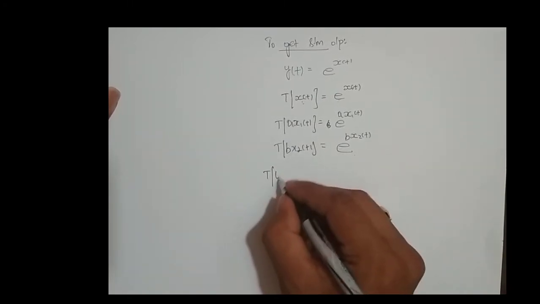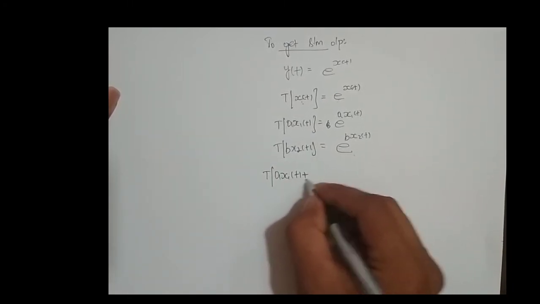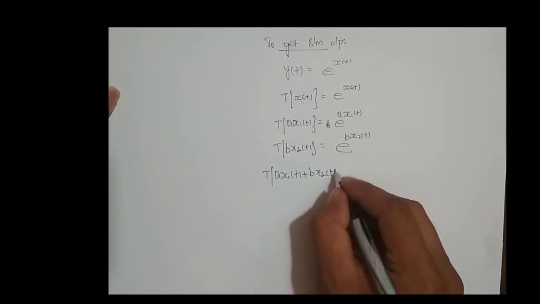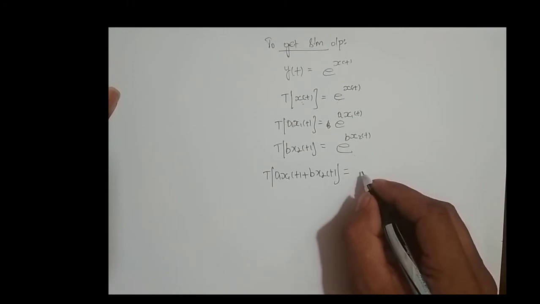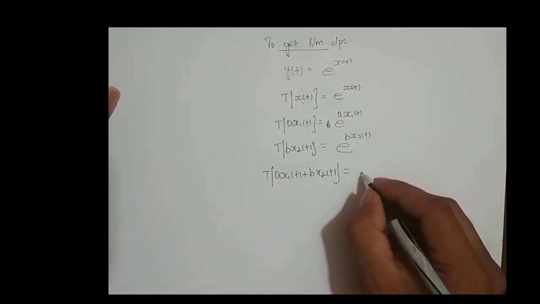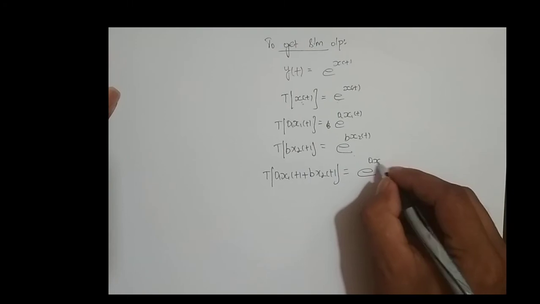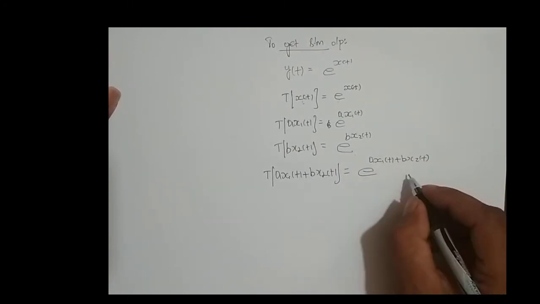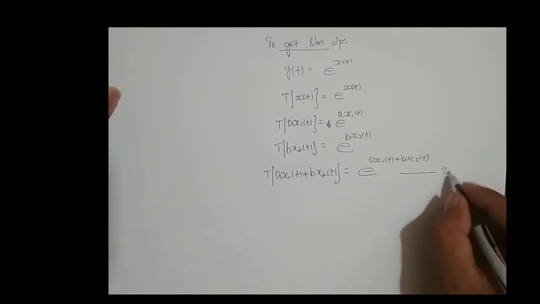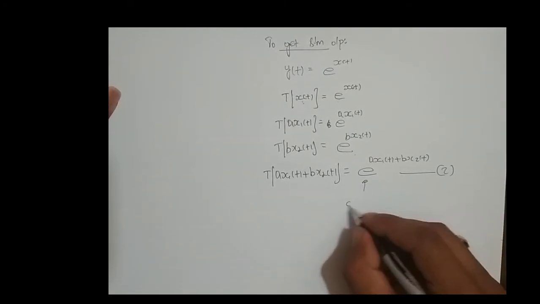What if I combine a times x1 of t plus b times x2 of t? As a whole, this is one signal. What is the output? This whole signal goes to the exponential, e power a times x1 of t plus b times x2 of t. Now this is equation 2, and this is actually the system output, right?